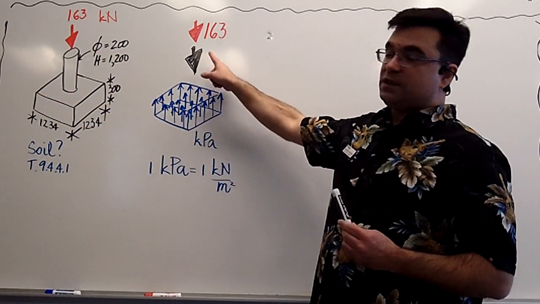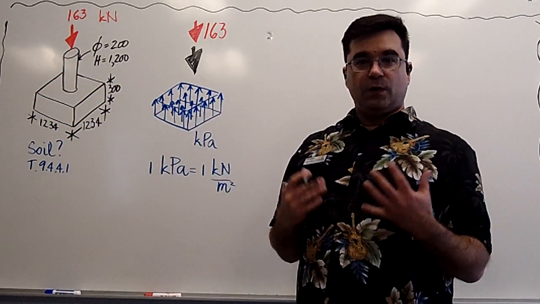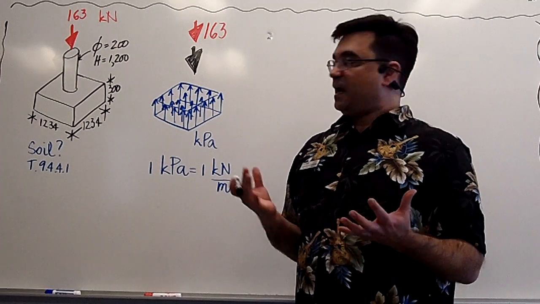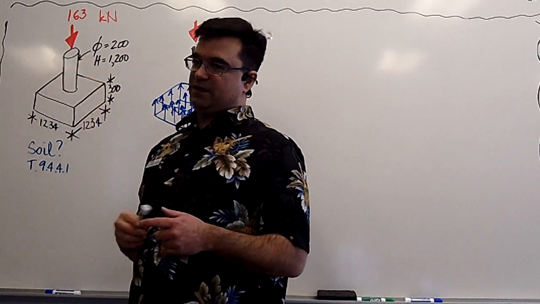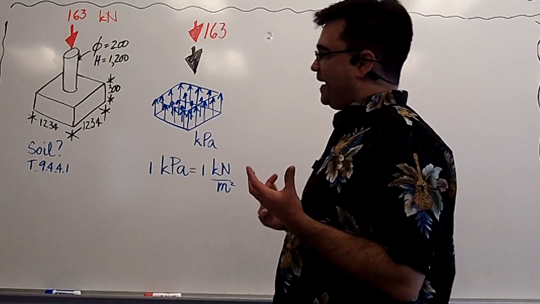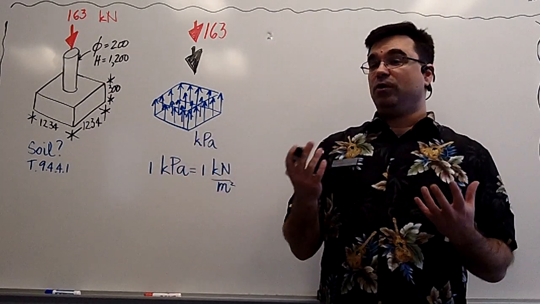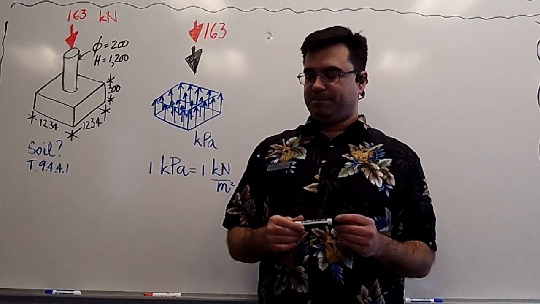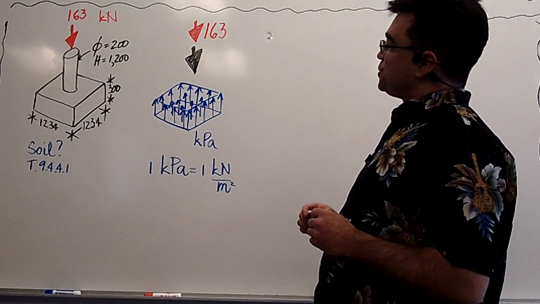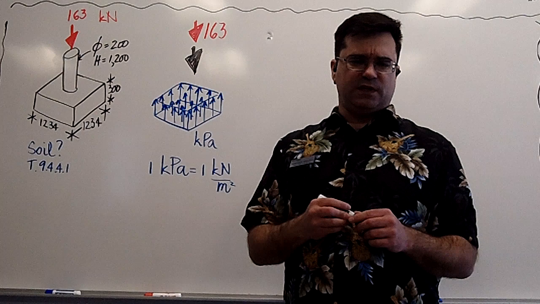Okay, so let's find out what this force is as a result of the weight of the pier and the footing. Well, to figure that out, we basically have to find out what the weight is of that reinforced concrete structure. And the way to do that is first we have to find out what the volume is of that structure, and then multiply that volume by the density. Well, I'm going to start off by reminding myself what the density of reinforced concrete is.